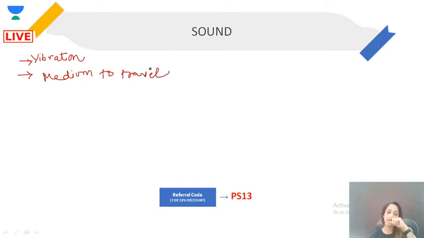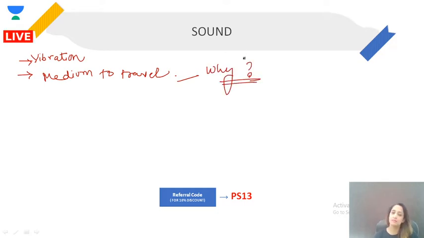Now there is an important question, why is there a need of the medium? Let me write it down. Why does the propagation of sound need a medium?